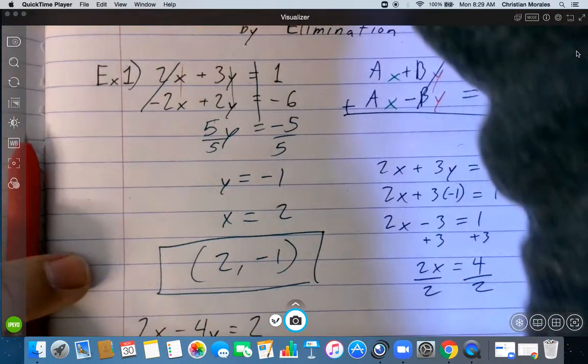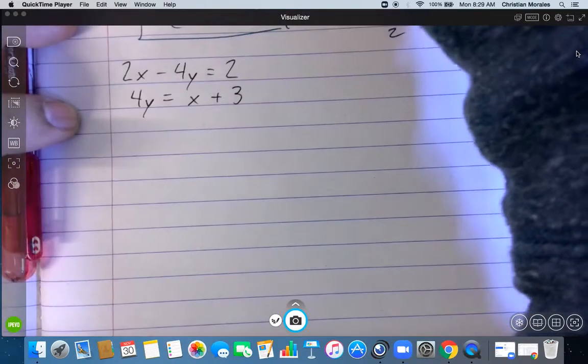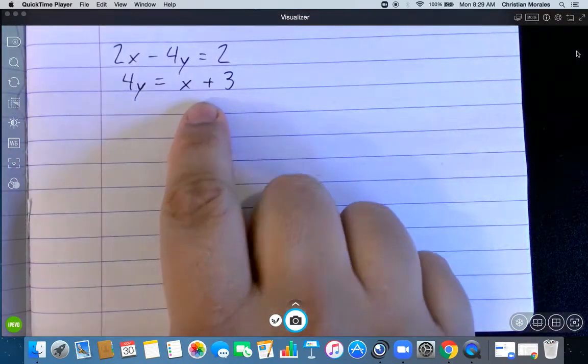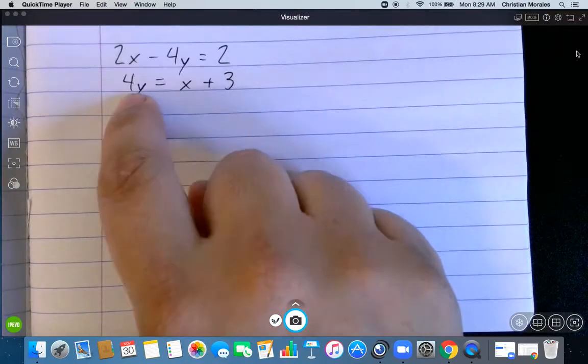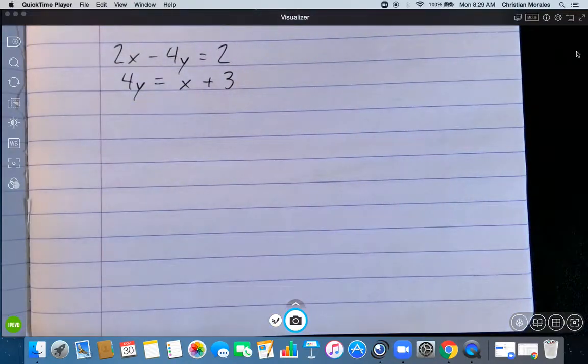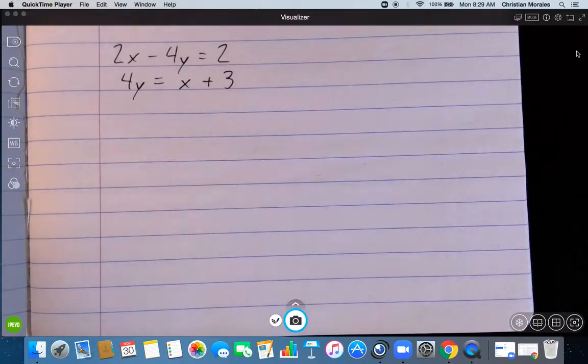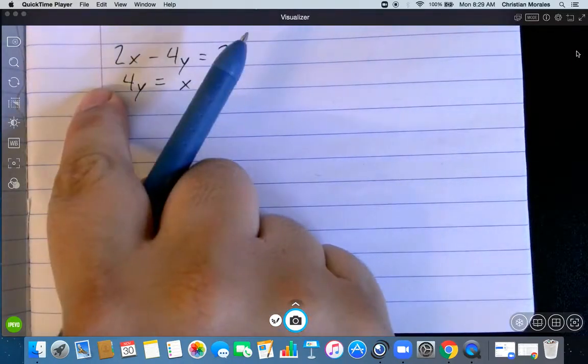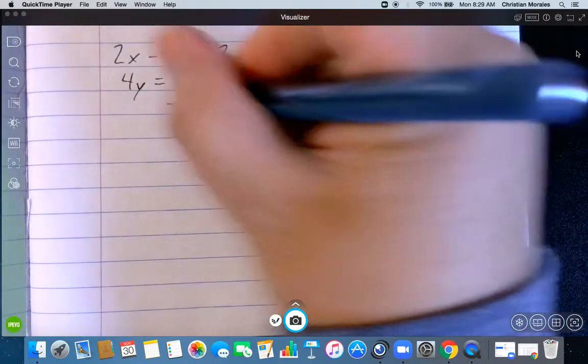Now there are some complications to it. So for example, here, you notice they don't line up. The equal signs don't line up, the y's don't line up, the x's don't line up. In this situation, it is your job to rewrite the problem to make it line up. So for example, I need that x to be over here, so I'm going to move that x over.